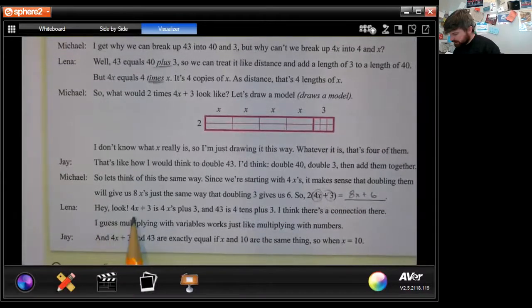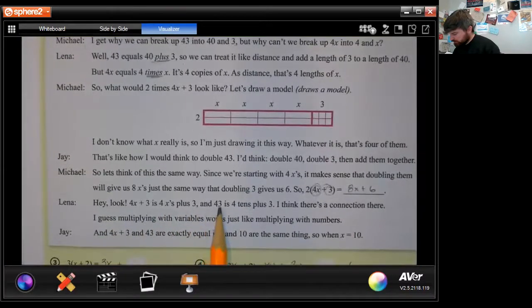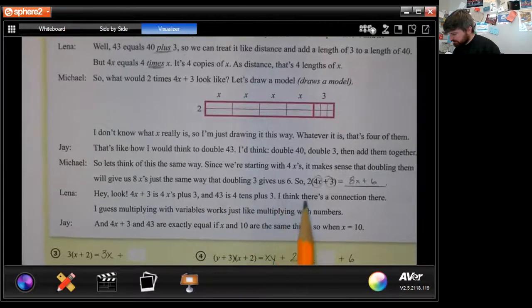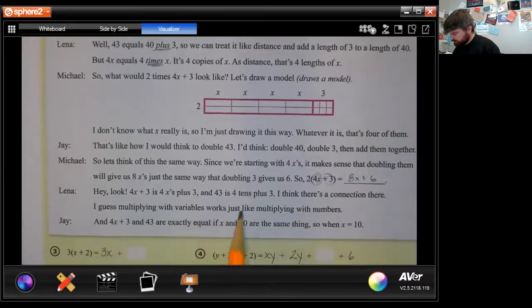Hey, look, 4x plus 3 is 4 x's plus 3. And 43 is 4 tens plus 3. I think there's a connection there. I guess multiplying with variables works like multiplying with numbers. Jay says, and 4x plus 3 and 43 are exactly equal if x is 10.